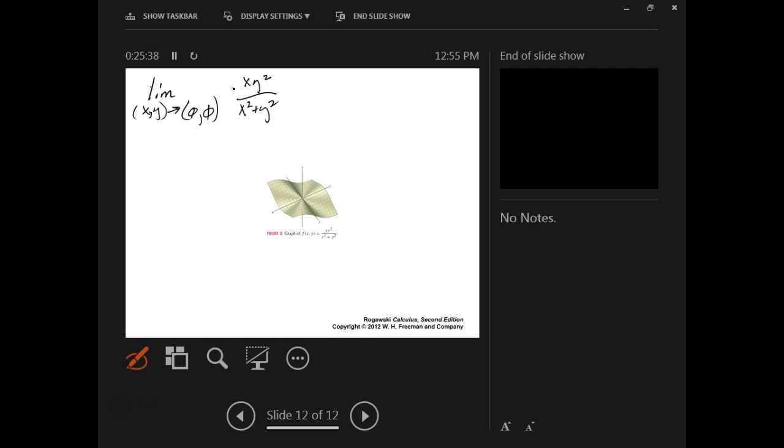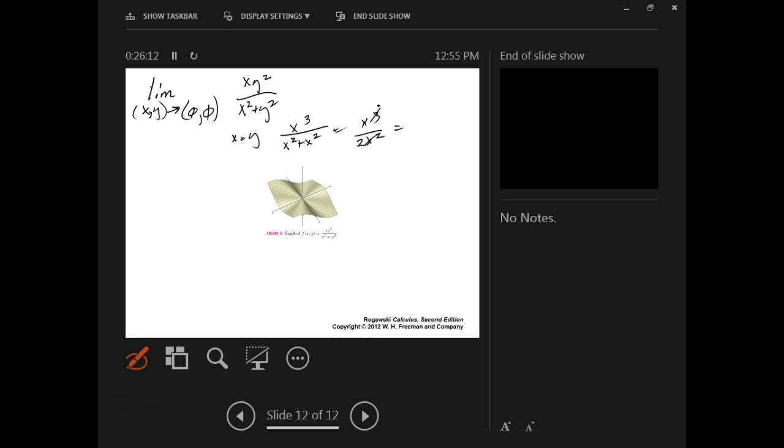You get x cubed over x squared plus x squared, which would be x cubed over 2x squared, and as that's going to 0, that's indeterminate. Oh, no, that's also going to 0, because it would be x over 2. So that's going to 0.